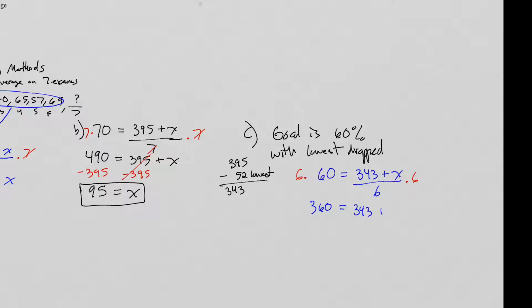So 343, so we're going to subtract the points that we have earned from our goal, which is 360 points, and that's going to give us 17. So yeah, again, you can really bomb it now with just a 17.